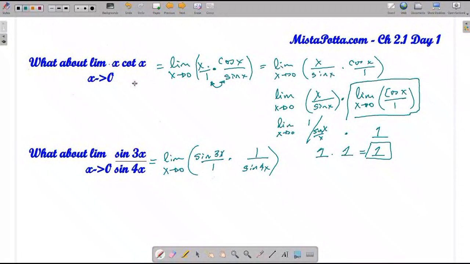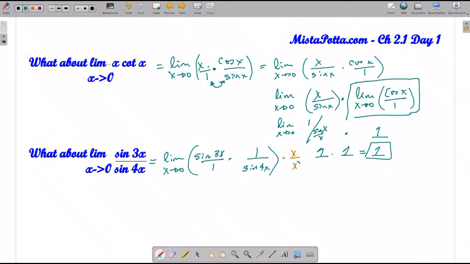And what I'm going to do is I'm going to use a little trick here. I'm going to multiply times a clever form of 1. I'm going to multiply times x over x. But again, I'm going to use that property of commutativity, that multiplication doesn't care in what order it's multiplied.